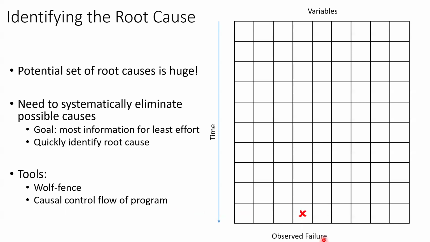Say you have an observed failure here, at the end of the program execution time, and it failed here. What you want is to put a fence at some time in the program execution such that we can verify that all of the states are working fine before this time.